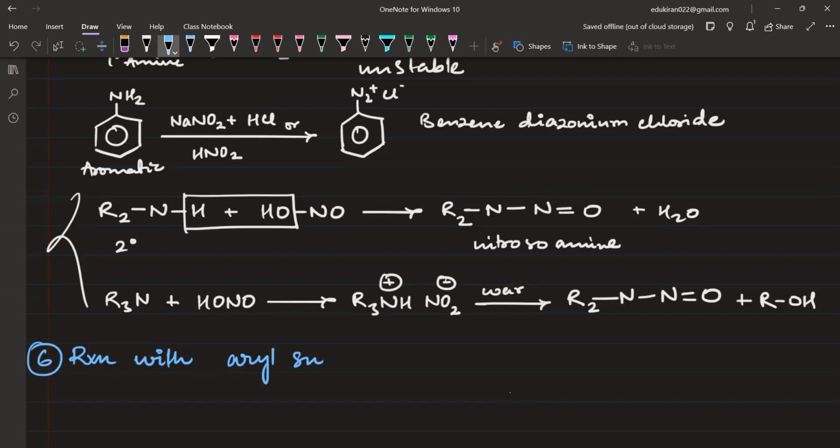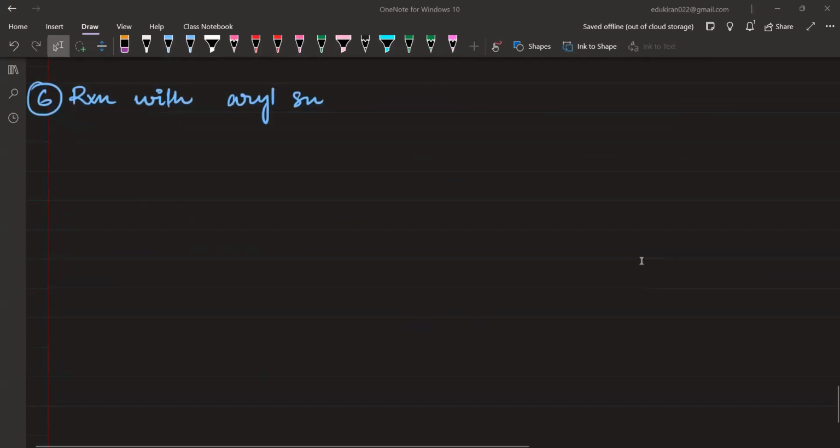And in electrophilic aromatic substitution, we have bromination, nitration, and sulfonation. Then you have diazonium salt also. Diazonium salt has many reactions. Reaction with, please write, aryl sulfonyl chloride.